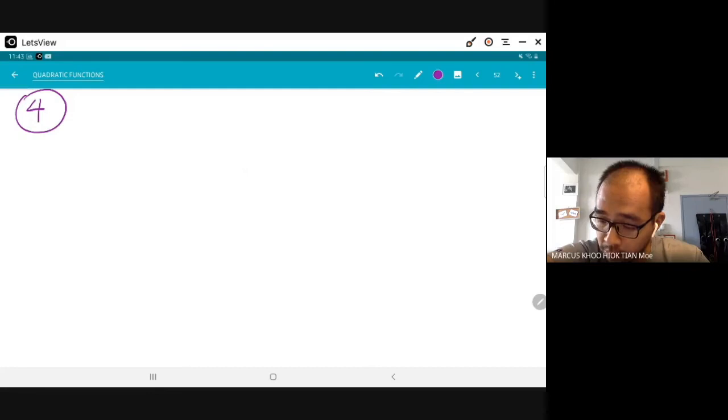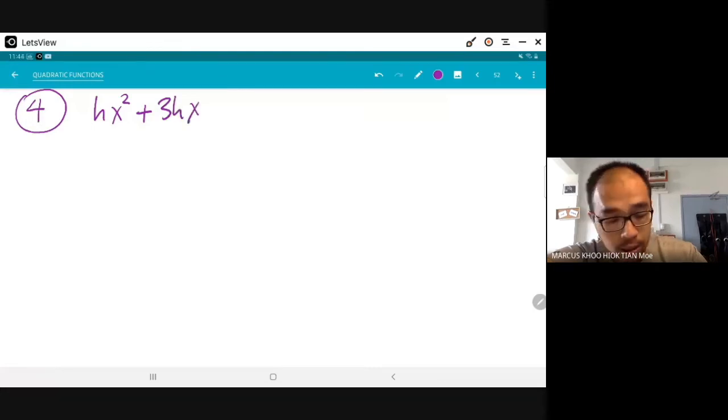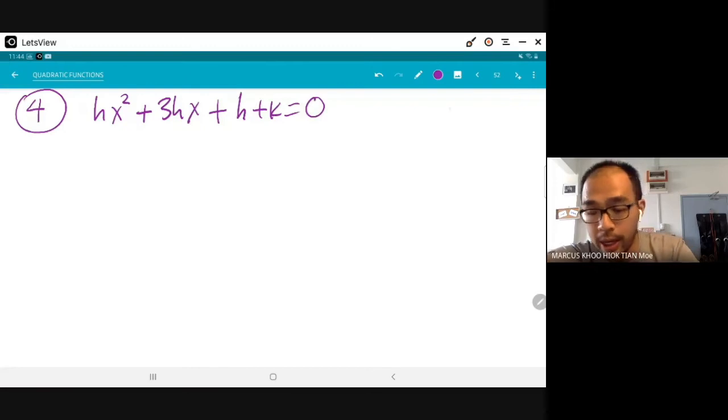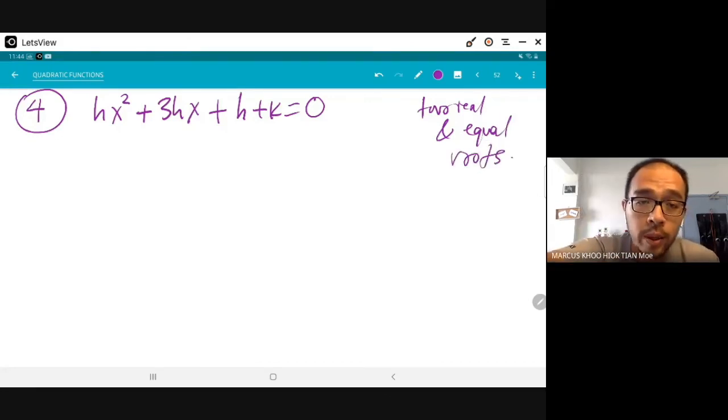Question number 4. Okay, so you're given hx squared plus 3hx plus h plus k equals to 0. And then they say 2 real and equal roots. Okay, same thing. Ng Wei Chen, can you tell me from this equation, can I already know what is the A, B, and C? Yes or no?